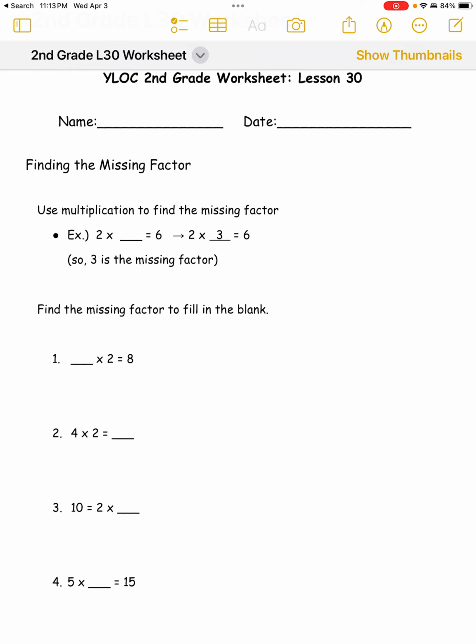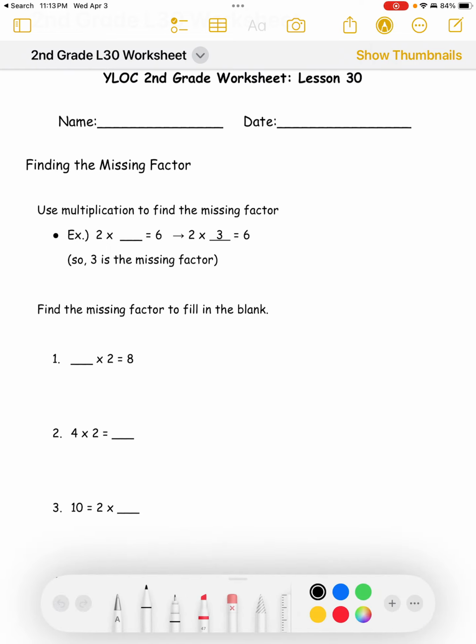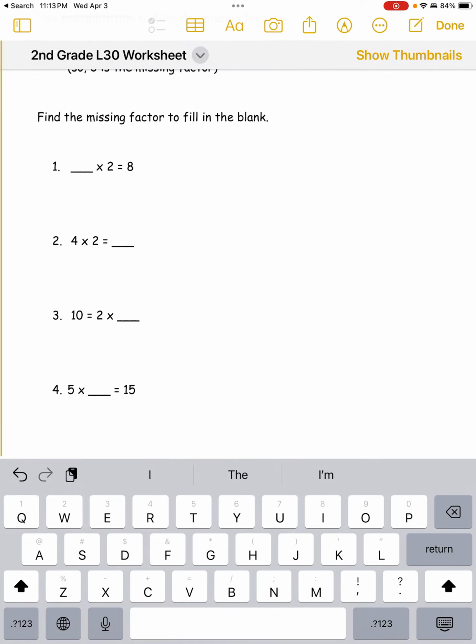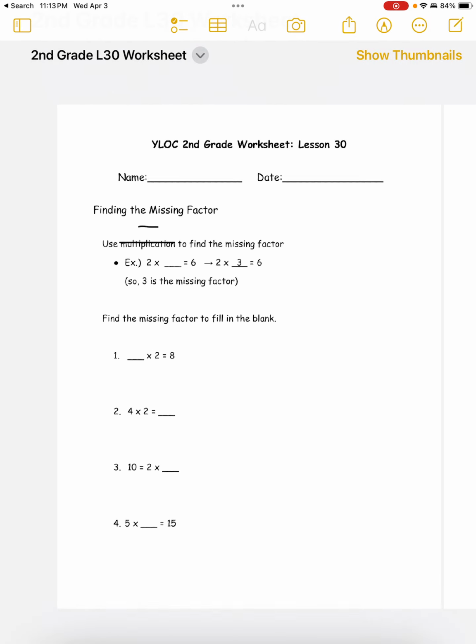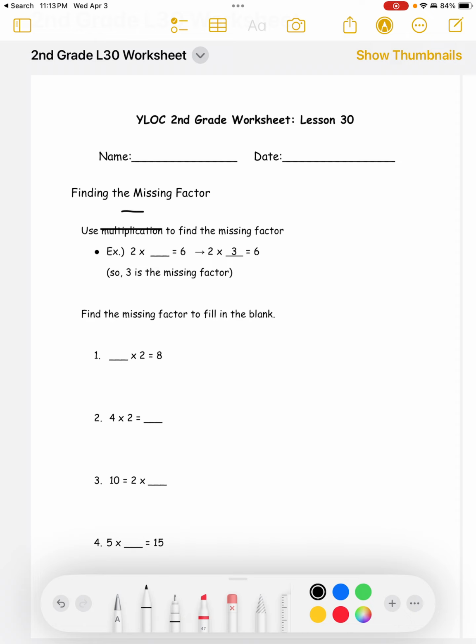Find the missing factor to fill in the blank. Blank times 2 equals 8. So for question number 1, I think this is supposed to say division instead of multiplication, but multiplication and division also works.